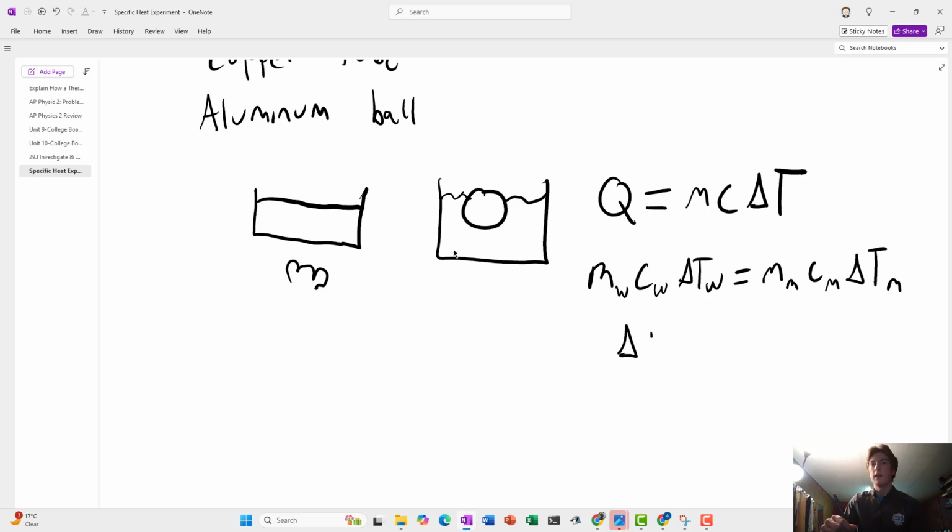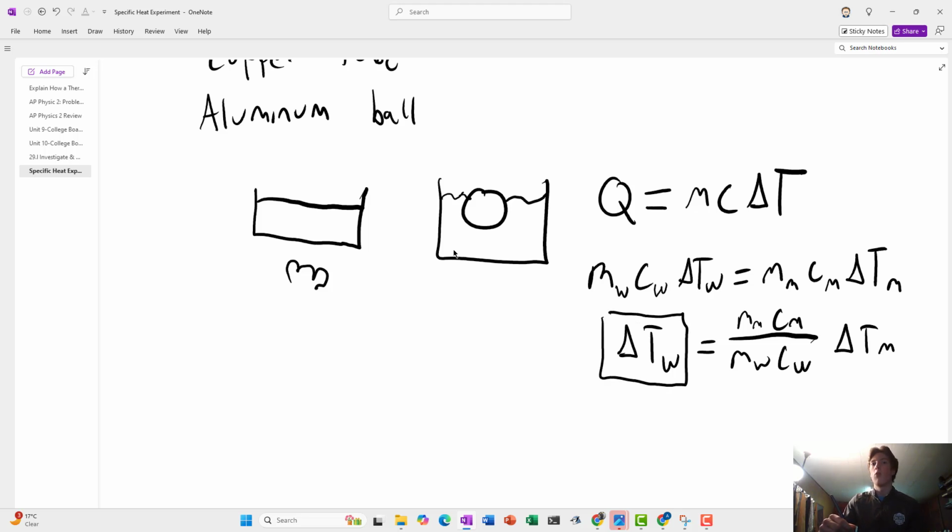We can set the change in temperature of the water equal to M, the mass of the metal, times the specific heat of the metal, all over the mass of water times the specific heat of the water, times change in T over M. As you can see, this is getting us into our y equals mx plus b formula.